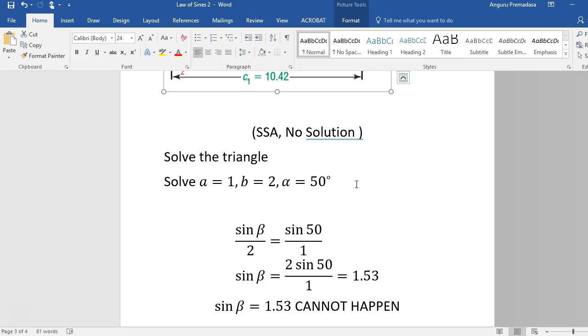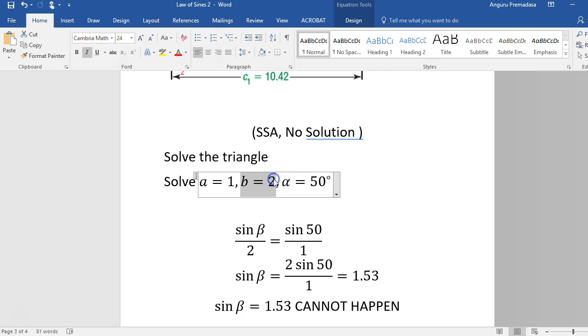As usual, we will try to find an angle which is not given but whose opposite side we know. Gamma is not known, and we do not know anything about C, so we can't even get started. But if you look at beta, the opposite side of beta is given, which is 2. So we can try to find beta.